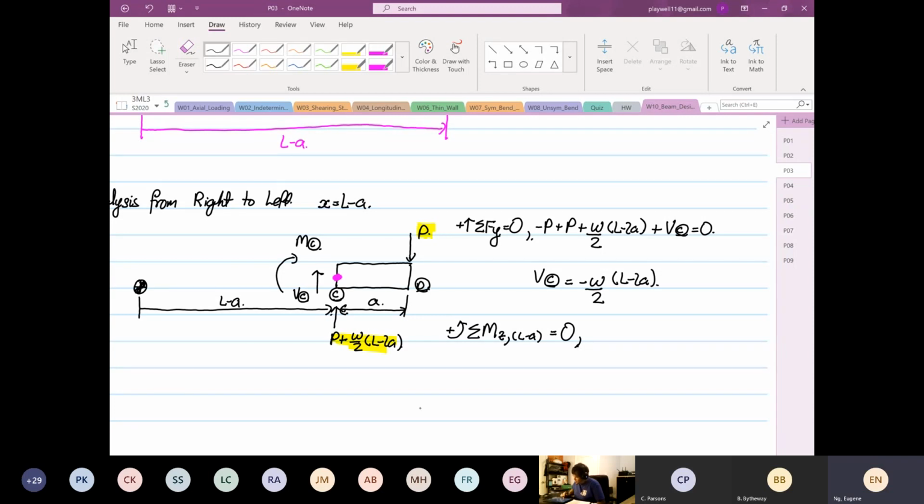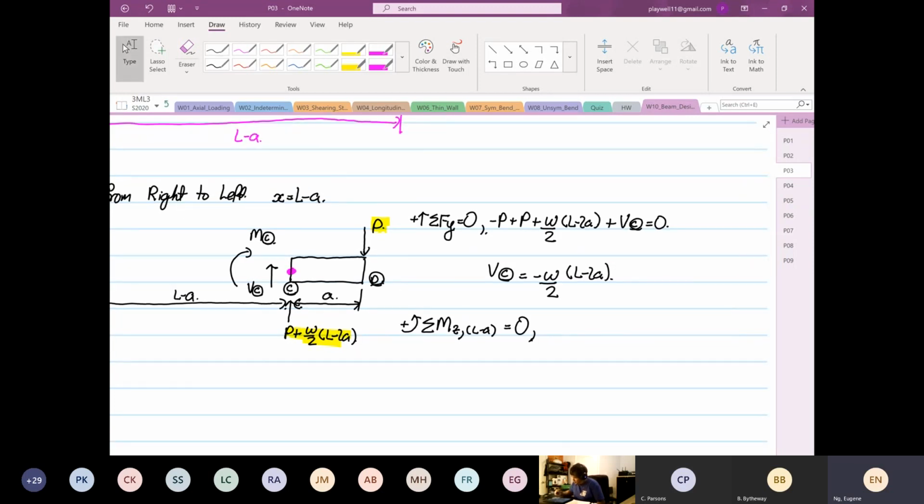It's going to be counterclockwise. So minus PA, then minus M at point C is equal to 0. So M at point C is equal to minus PA.